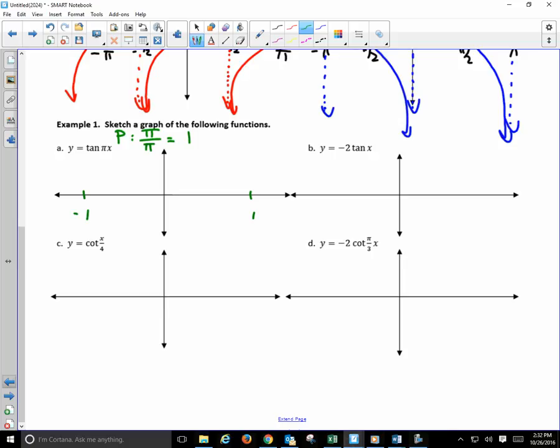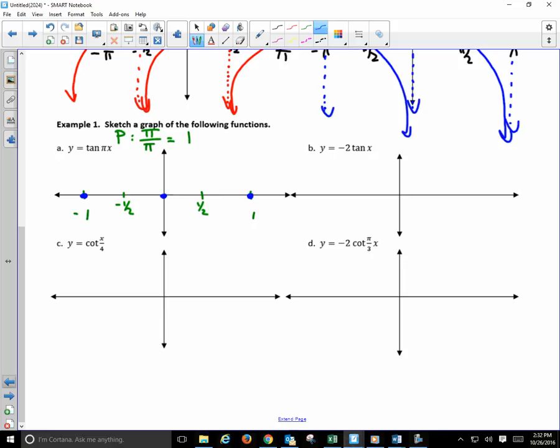How many quadrants do I divide it into? 2. Tangent repeats itself every 2 quadrants as opposed to every 4. This is the key. Is tangent equal to 0 at the period, or is it undefined at the period? It's equal to 0 at all the period spots.